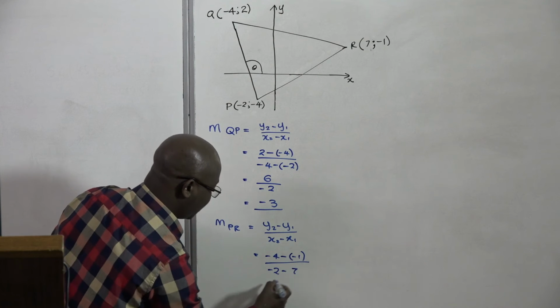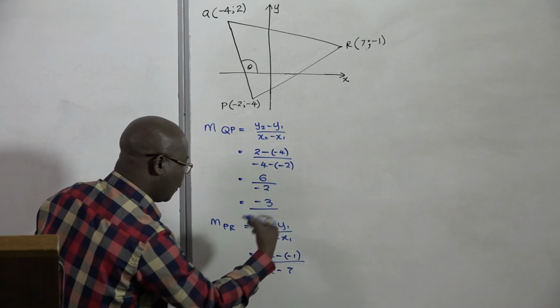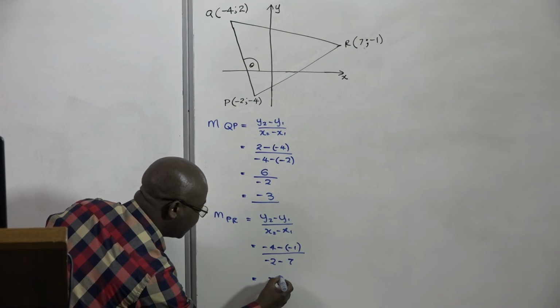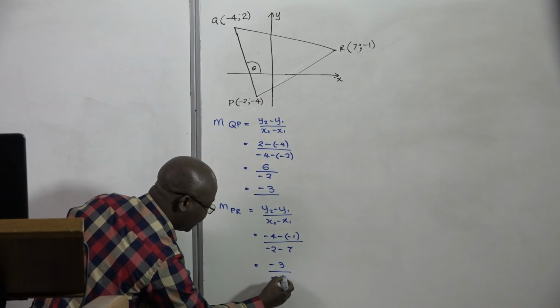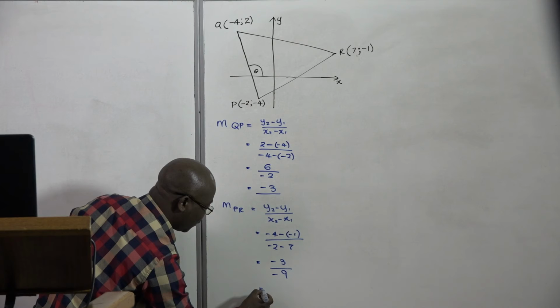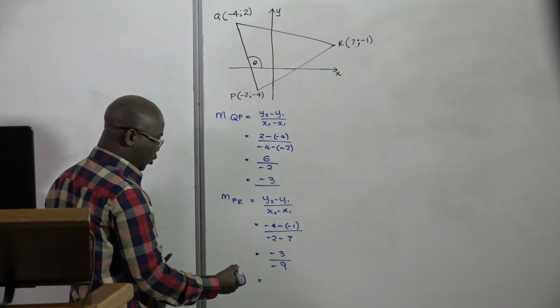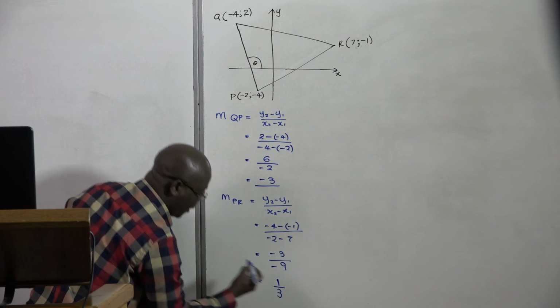which is 7. That gives us minus 4 plus 1, which gives us minus 3. And minus 2 minus 7 gives us minus 9. Two negatives give us a positive. 3 over 9, if we reduce it, becomes 1 over 3.